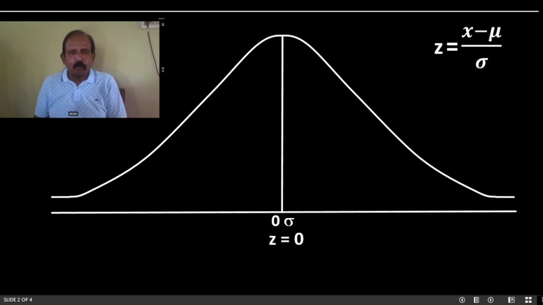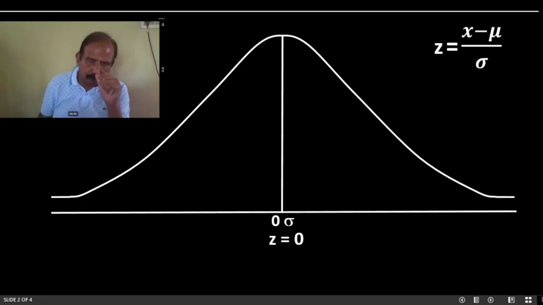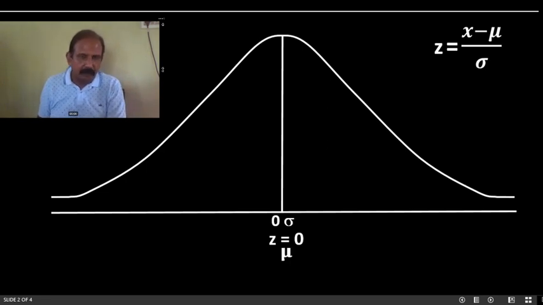In this way, at the intersecting point of that perpendicular line and the x-axis, we find z equals 0. At the same place, we find mu, the mean, the mode and the median. All the measures of central tendency of that data set are found where z equals 0.